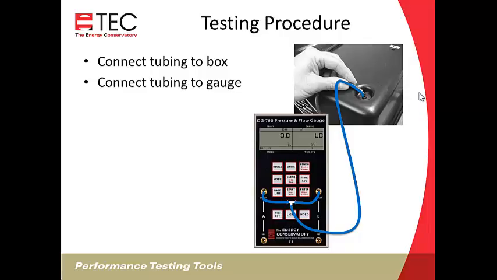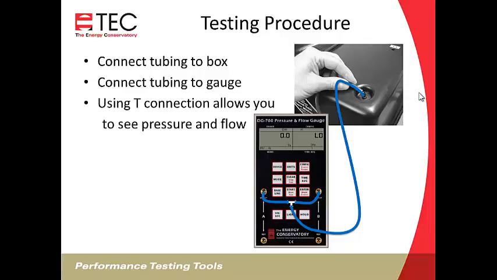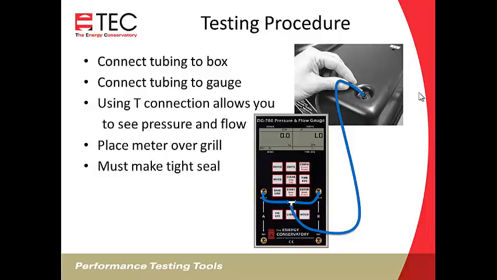So you'll connect the tubing to the box, connect the tubing to the gauge, and place the meter over the grill, and it must make a tight seal to get an accurate measurement. So keep that in mind, that if the grill is bigger than the box, you've got to make some adaptations like taping the box to the ceiling or sealing around that edge some other way.